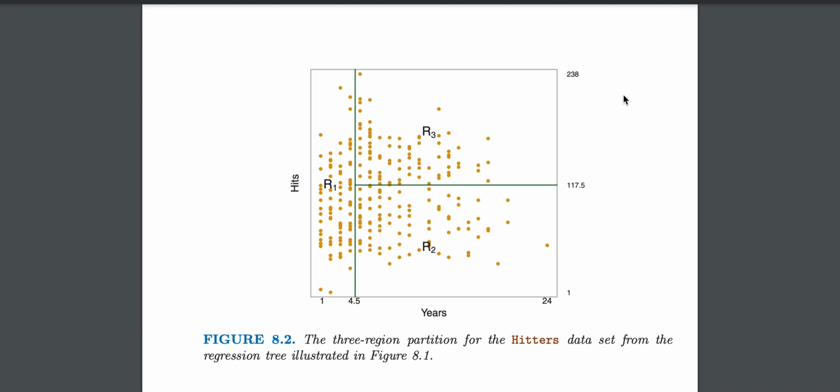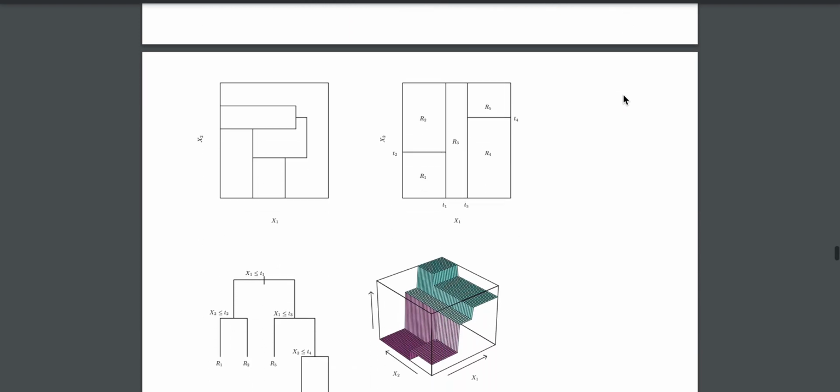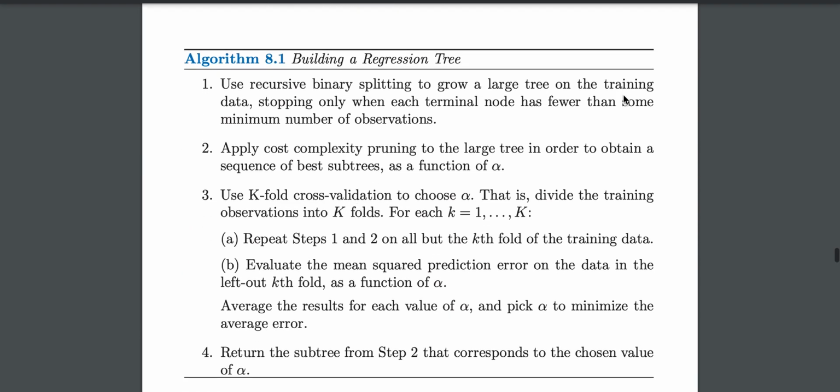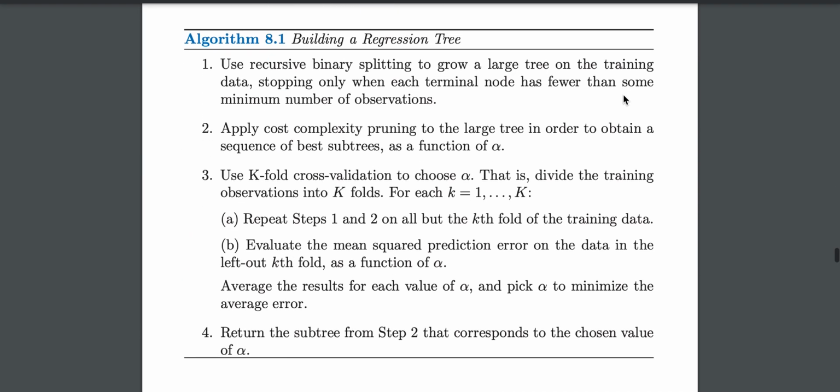Now, the question is that when we do the splitting, how far do we want to go? Because the way it's done is that we use recursive binary splitting to grow a large tree. So we split the space along dimensions and at thresholds to minimize the training error.